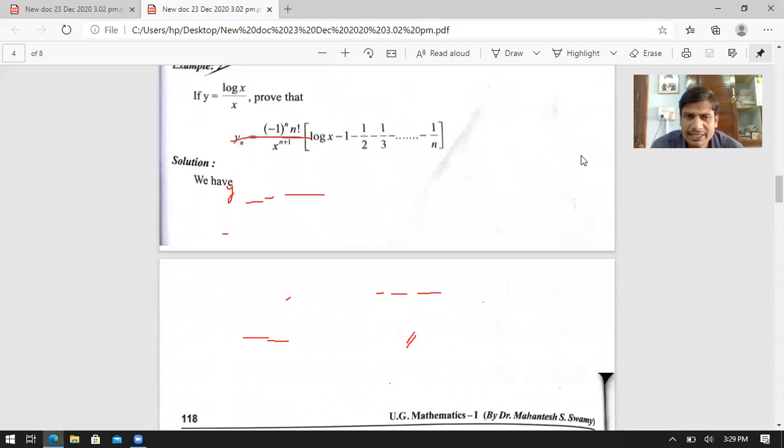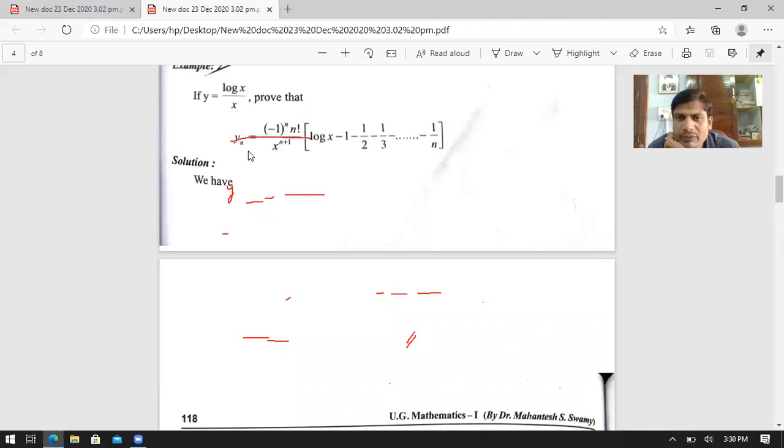The next second example is also the same, but here log is there. Your question is: if y is equal to log x divided by x, then prove that this is important. In your exam, they ask this one. Y is equal to log x divided by x.